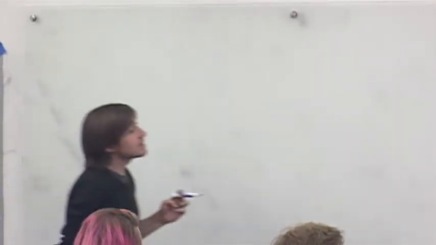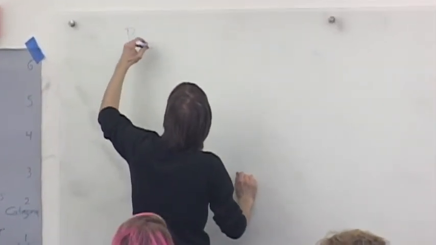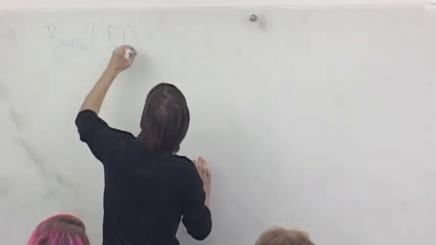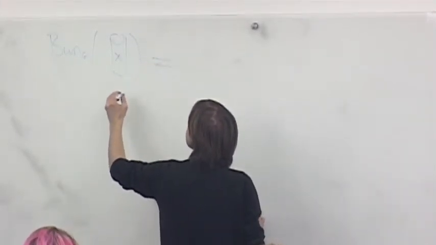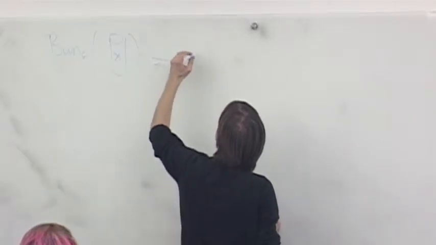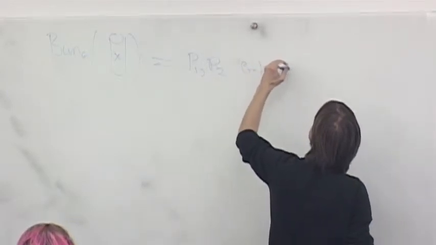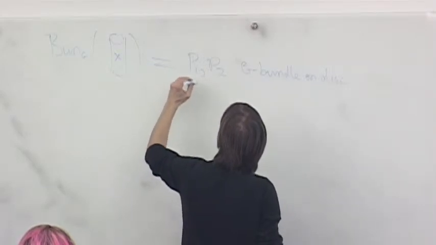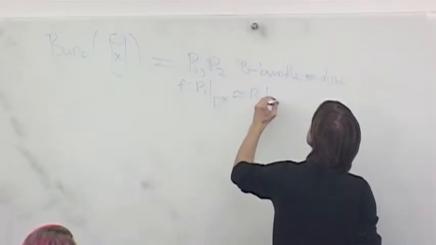Okay, so what is this space? Bun-G on this funny cylinder. Well, on the bottom we have a G bundle, P1, and P2, a G bundle on the disk, and an isomorphism, P1 restricted to the punctured disk.